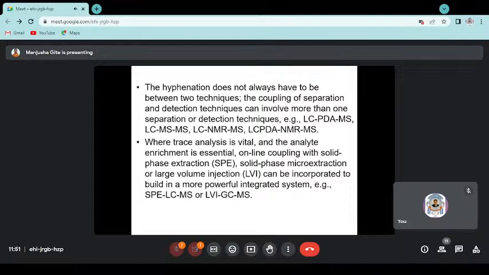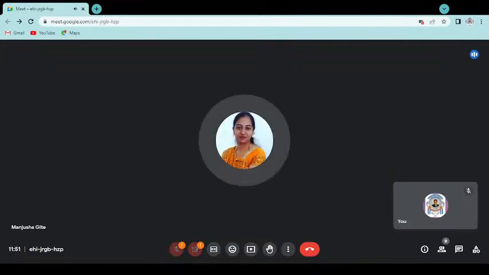The GC-MS instrument is a coupling of two features, gas chromatography and mass spectrometry. So GC-MS separates the chemical mixture into individual components and then identifies or quantifies the components at the molecular level.